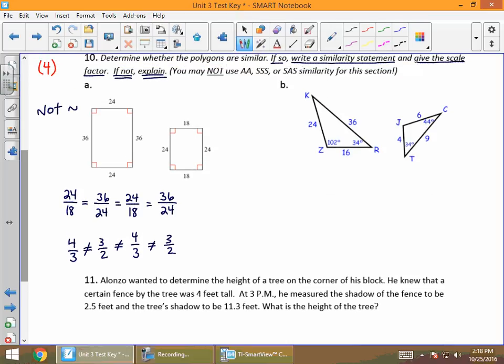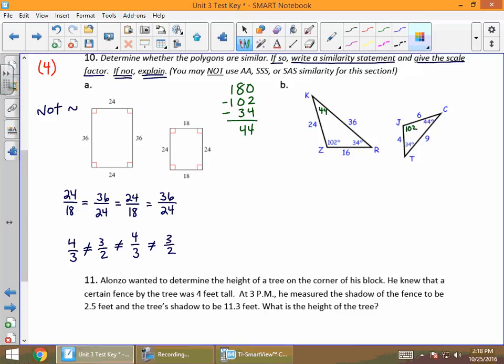All right, for B, let's find the missing angle. So 180, so how many degrees are in a triangle? If I were to subtract 102 and then subtract 34, I would have 44 left. So this one up here has to be 44. And I could do the same thing over here and I get 102.